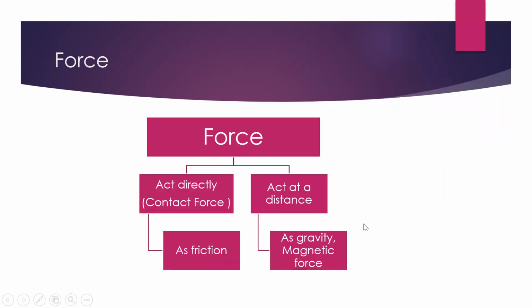Force could act directly, which we call contact force, like friction, any two objects in contact. But from a distance, we can find another type of force that acts at a distance, like gravity or magnet force.